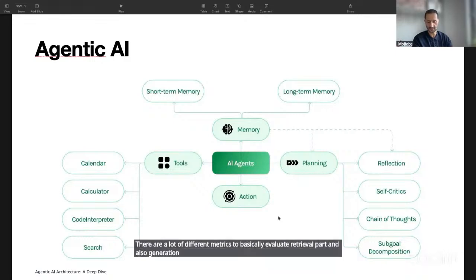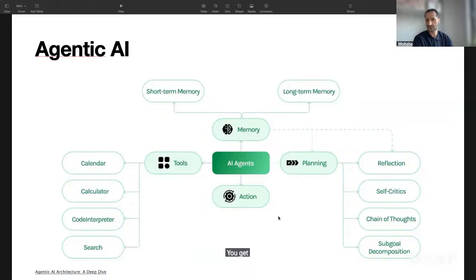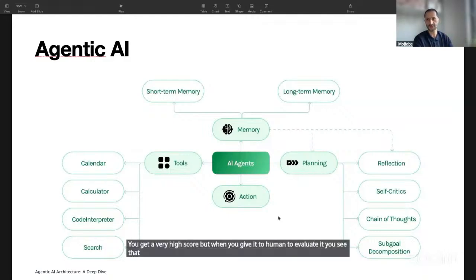And don't forget the human, because it happened to me and maybe many others that based on the metrics you define on the retrieval and generation parts, you get a very high score. But when you give it to a human to evaluate, you see that, okay, not good enough.